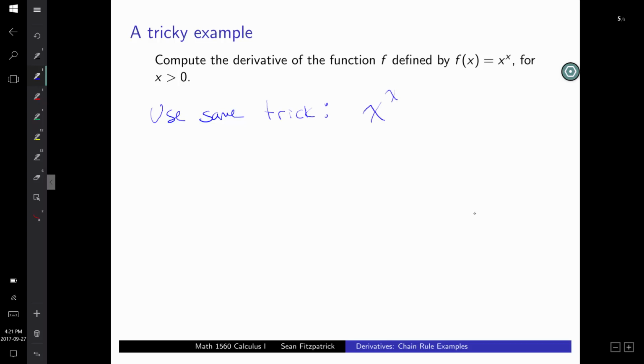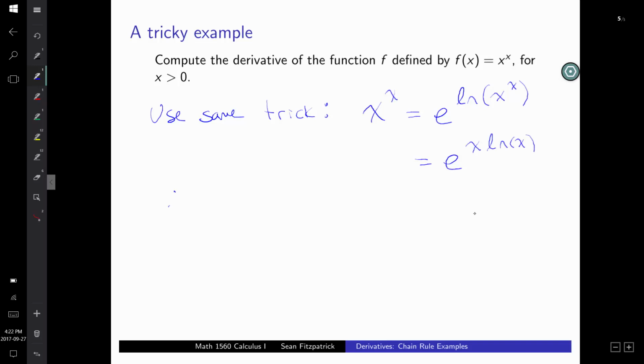x to the x is equal to e to the log of x to the x. Okay, which is, if I bring that x out front, e to the x log x.